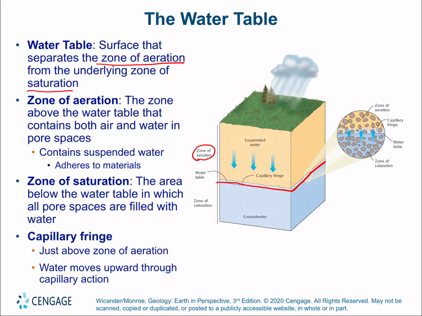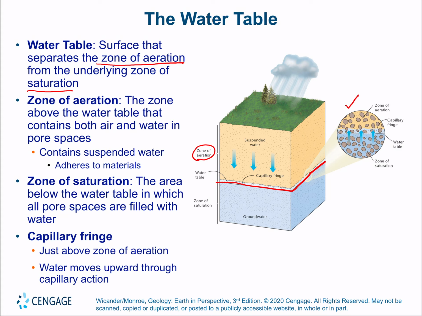If you notice in this little circular diagram, the zone of aeration shows that the pore spaces are partly filled with water and partly filled with air. So it's going to have your suspended water.